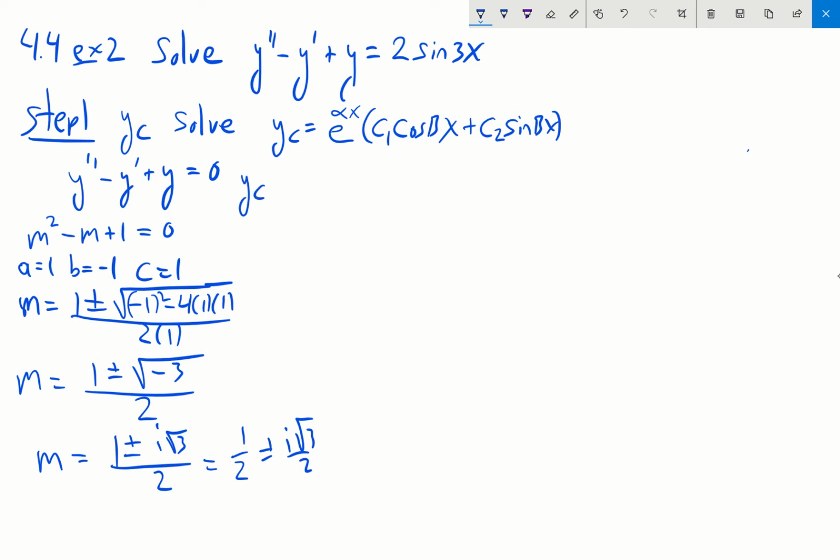So our complementary solution in this case has alpha equal to 1/2, and beta equal to radical 3 over 2.